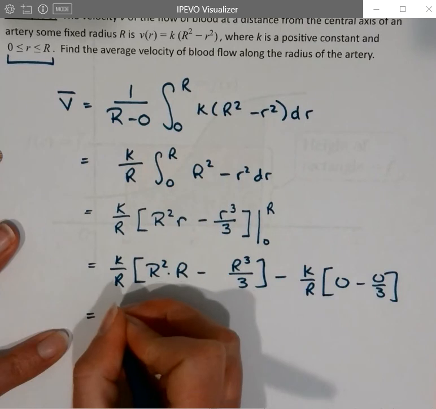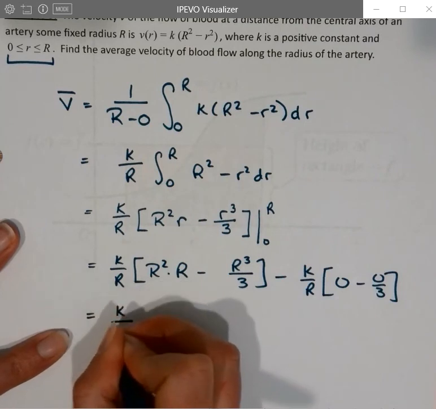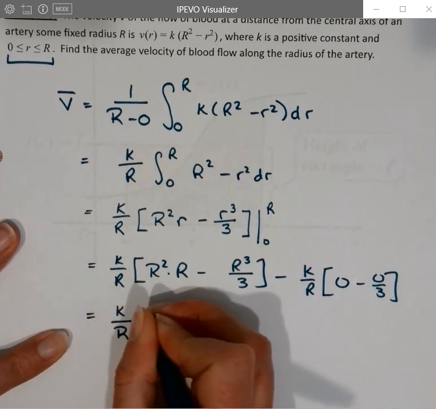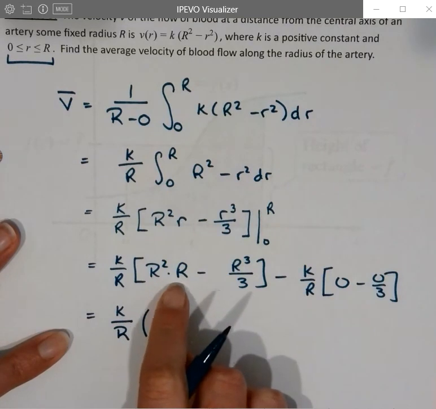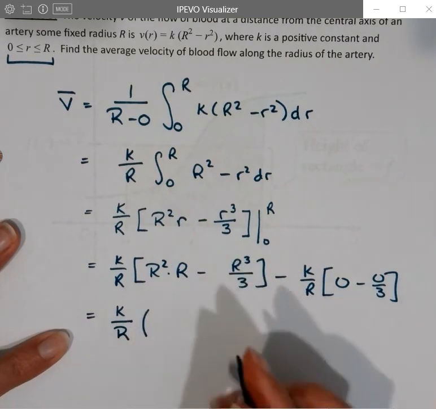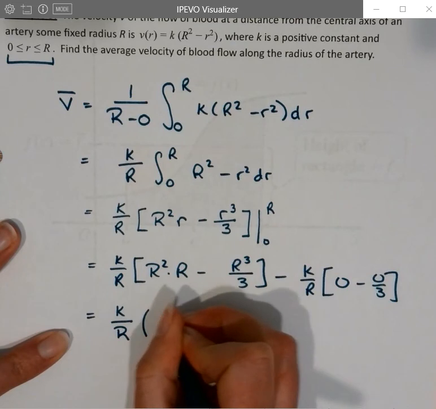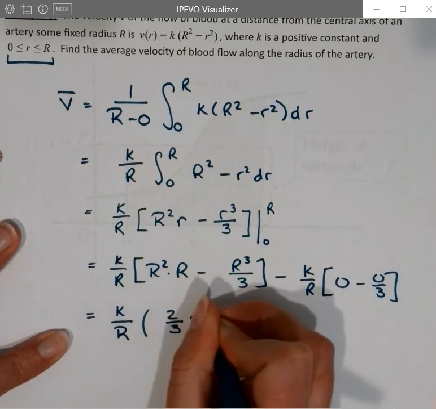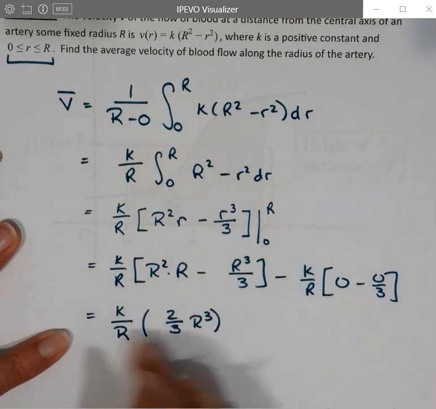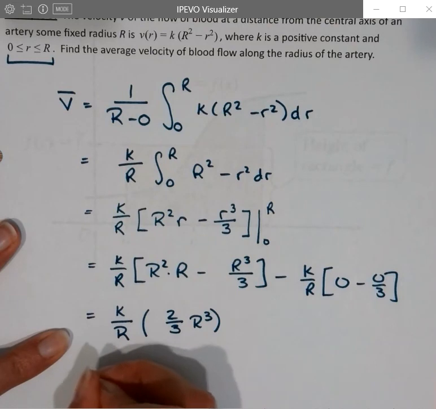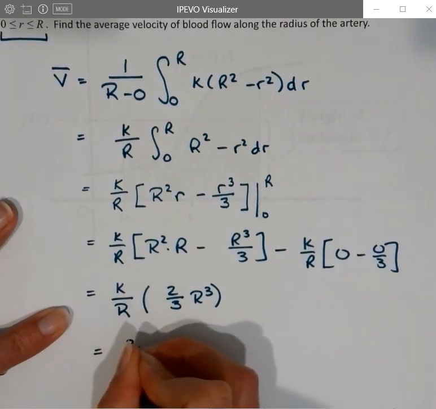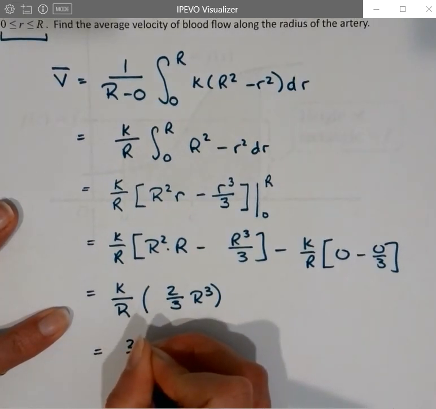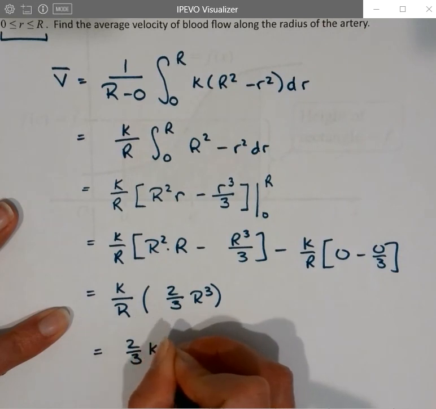And so this simplifies to k over capital R times, this is R cubed minus R cubed over 3, so it's going to be 2/3 R cubed. And then when you reduce one of these R's with one of those R's, you're going to end up with 2/3, and you'll have k capital R squared.